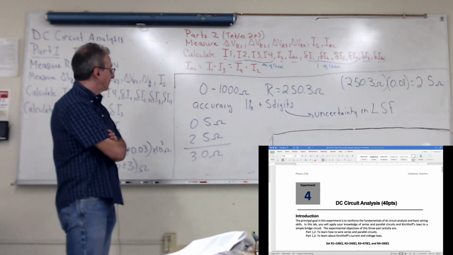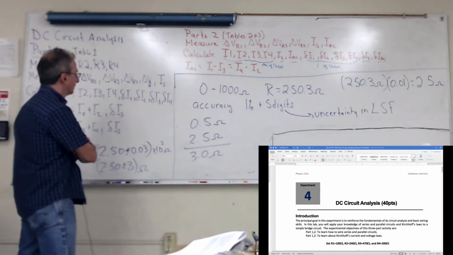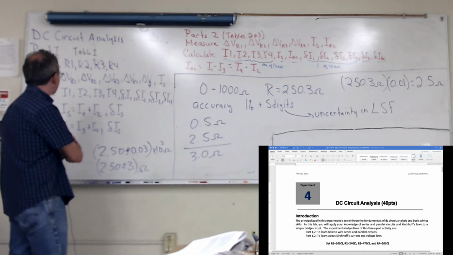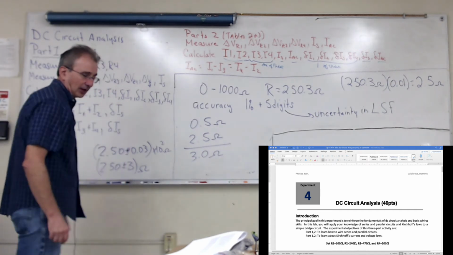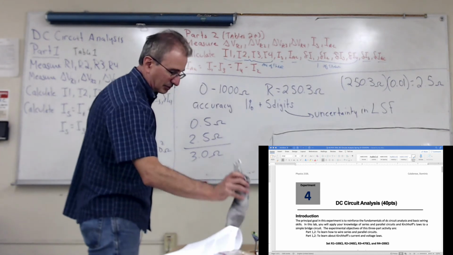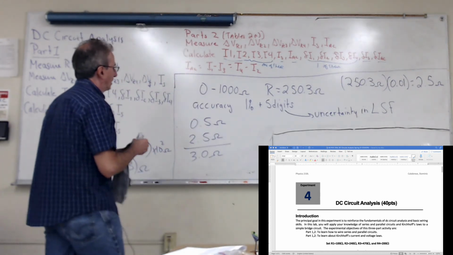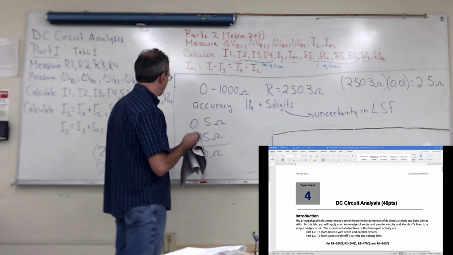So we're going to have to do error propagation on all these calculations. And if you need help, just contact me, or you can always come by my office on Mondays and Fridays.